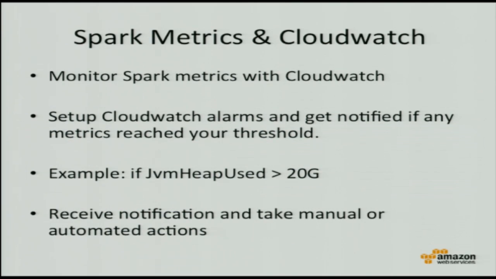And the good thing is that you can set up alerts and breach points on your CloudWatch metrics. So for example, if you're using more than 20 gigabytes of JVM heap, you can get automated SNS notifications, HTTP SNS notifications, and you can automatically start adding nodes to your cluster so you don't get that JVM OOM, out of memory error. And if you've worked with Spark, that comes up a lot.